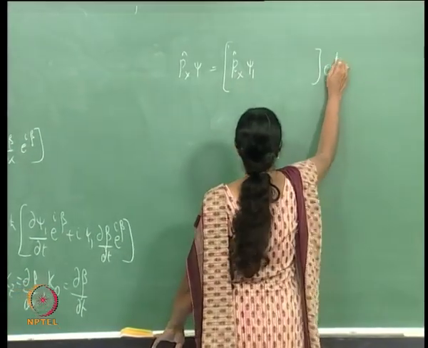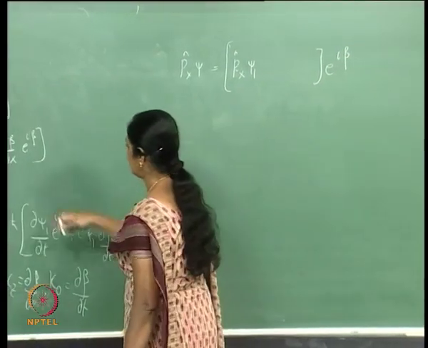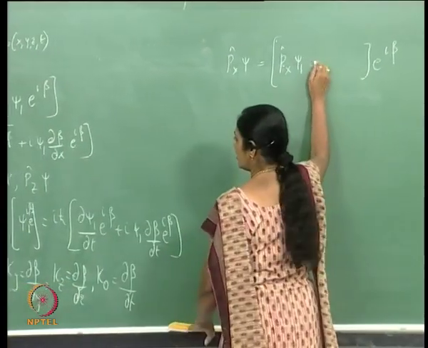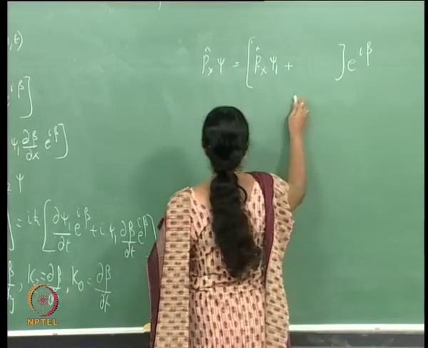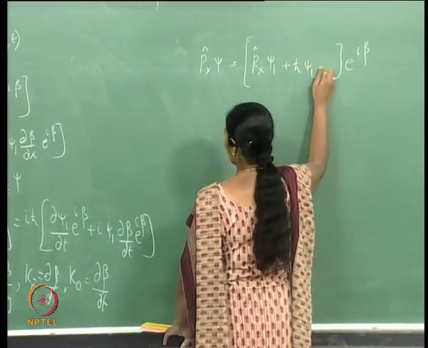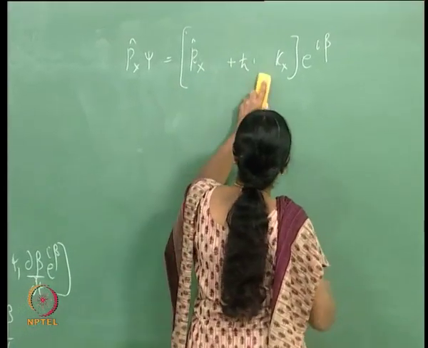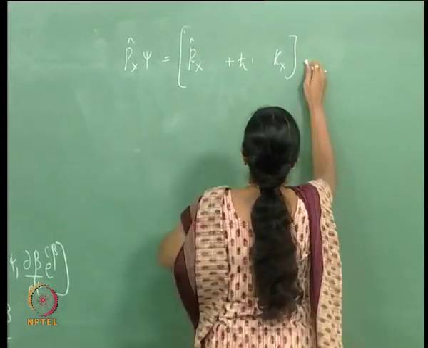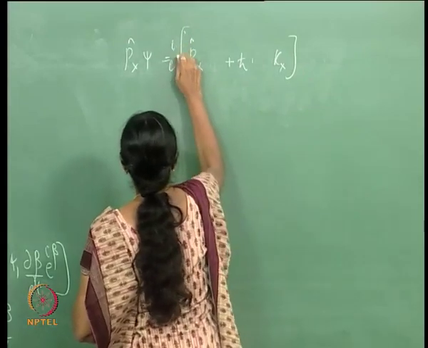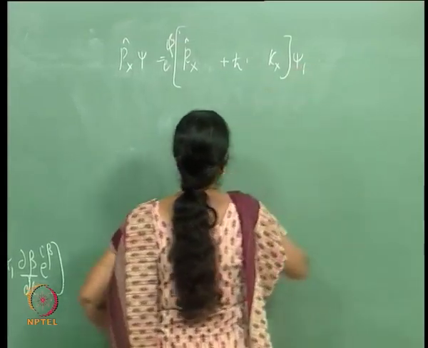There is an e to the i beta anyway, and then I have plus h cross psi 1 kx. So I can also pull the psi 1 out, e to the i beta is here, and I can write psi 1 like this.